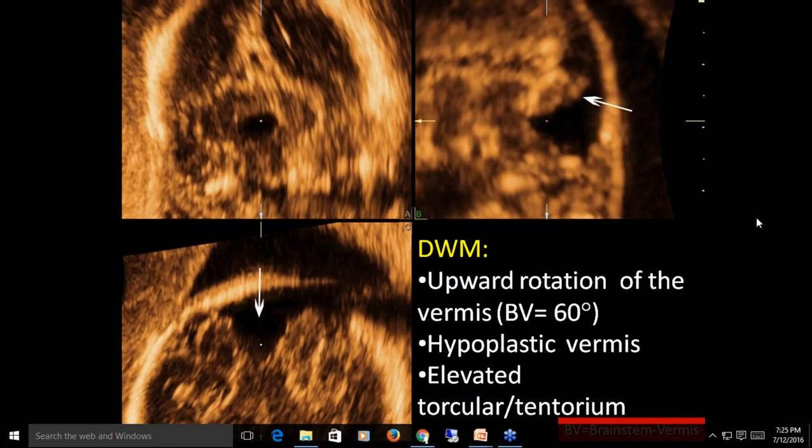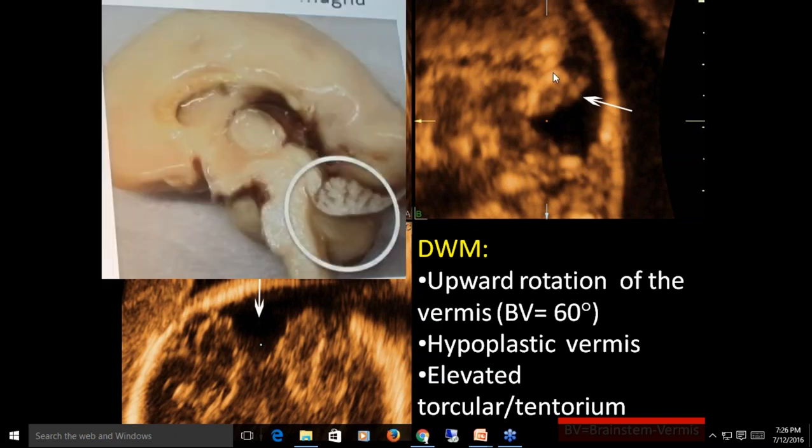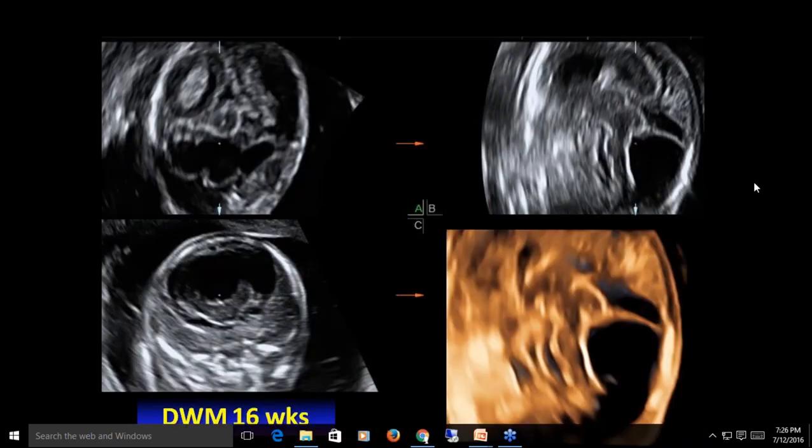and torcular. In another example, here we have the three orthogonal planes on this 3D volume, and we can see again that there is upward rotation of the vermis with an increased BV angle. The vermis is small, hypoplastic, and the tentorium is elevated. Here again is another example.